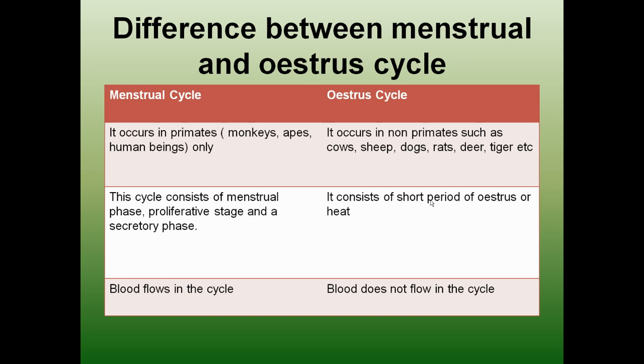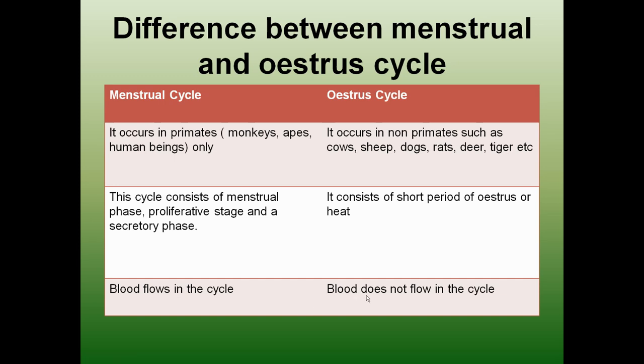In this cycle, the body temperature of the female is going to rise a little bit when the unfertilized egg is released from the female body. In menstrual cycle, there will be blood flow from the body of the female, and in oestrous cycle, there will be no blood flow.